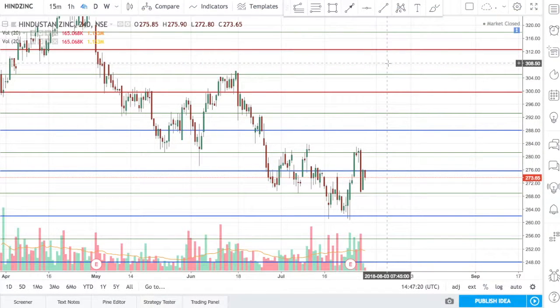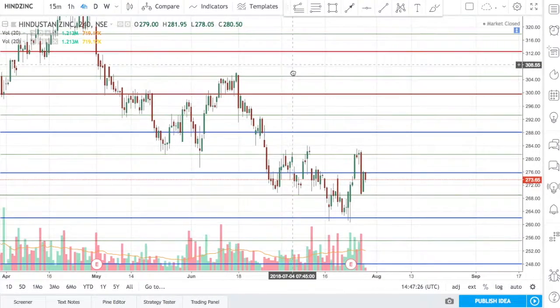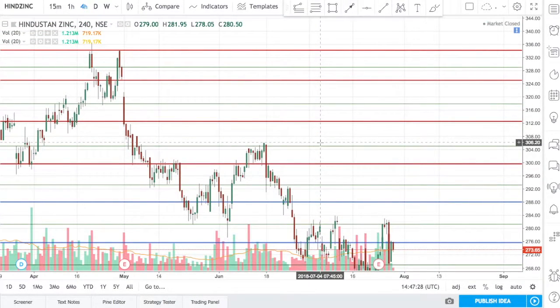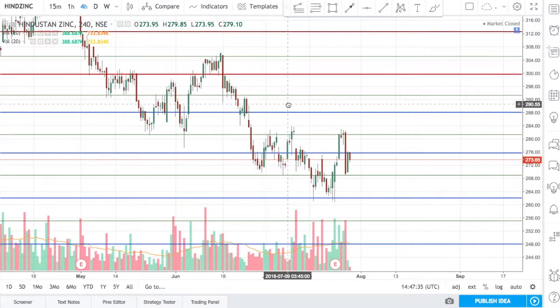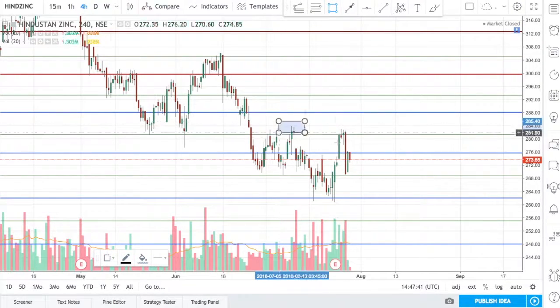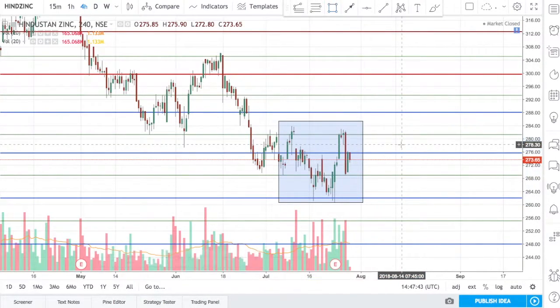Next, a trend continuation short trade on Hindustan Zinc. Hindustan Zinc is in a downtrend, and that opens up shorting opportunities for us. Now I want you to focus on this portion here and take note.